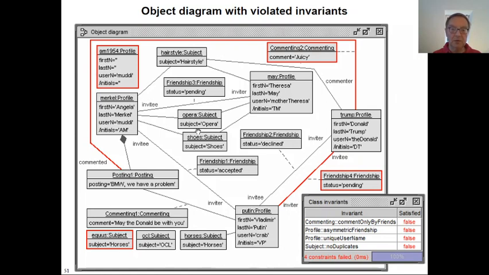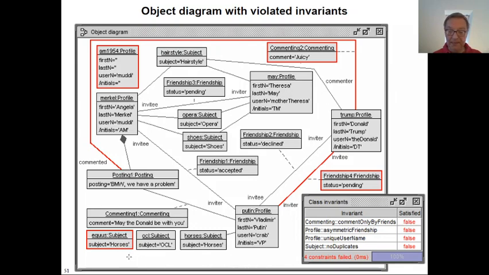We have 1, 2, 3, 4, 5 subject objects as previously, and I have added another subject object, and this subject object has the subject horses, and the subject horses was already present here with the ID horses. Here I've chosen a different ID.